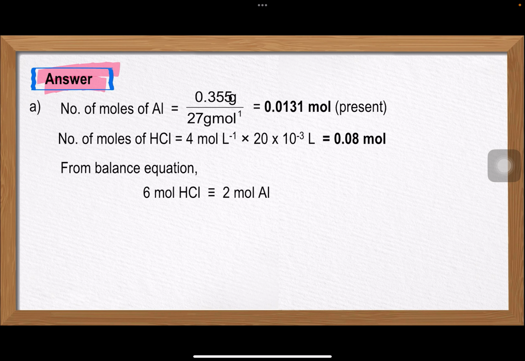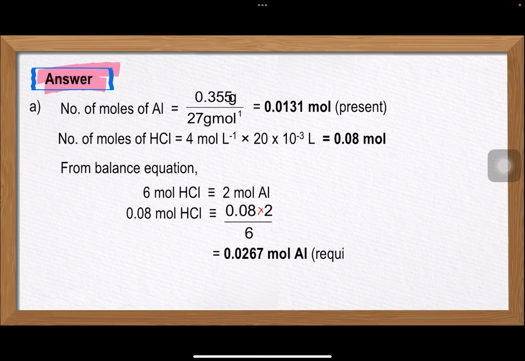If HCl has 0.08 mole available, how much aluminium should we have? So 0.08 times 2 divided by 6. The answer is 0.0267 mole of aluminium required.